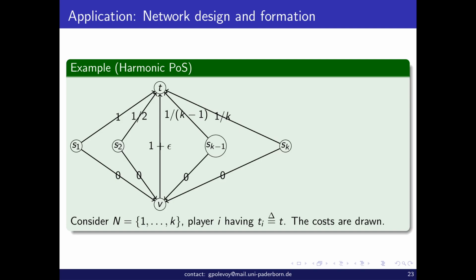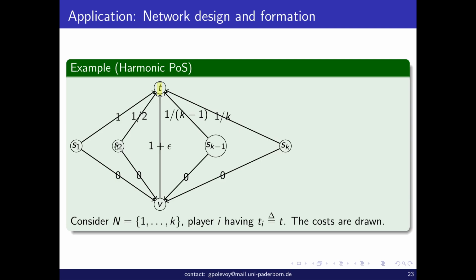So this is an example where the price of stability is not 1. We have k players here, 1 to k. Player i has the source Si, S1, S2, and so on till Sk, and they all share the sink, or the target, T, the common target T. Now the costs are drawn, and each player faces the choice between two optional paths from the source to the target.